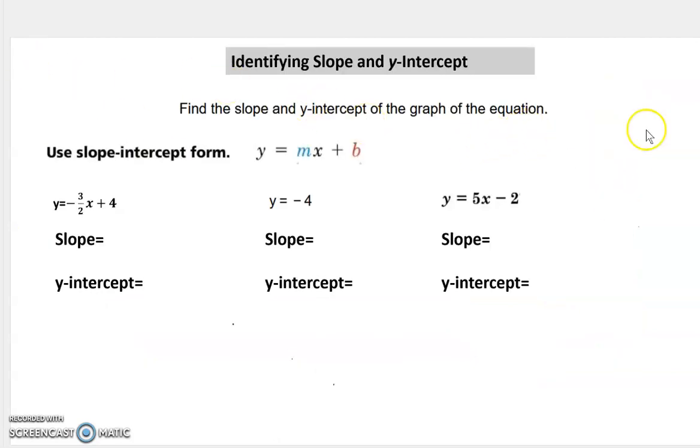Let's look at an example. We're really just going to identify what the slope and the y-intercept are from a given equation. So here you're asked to identify what the slope is of y equals negative 3 over 2x plus 4. All you need to do is look for the variable x, and the number that's attached to the x will be your slope.